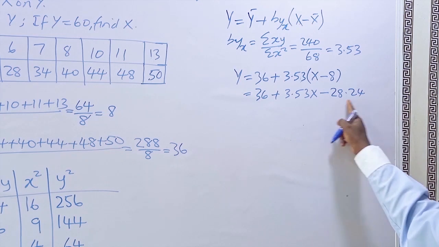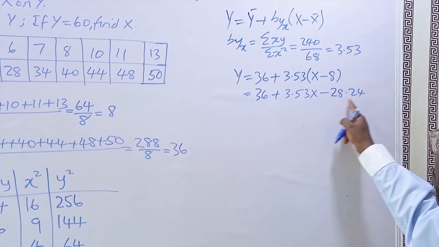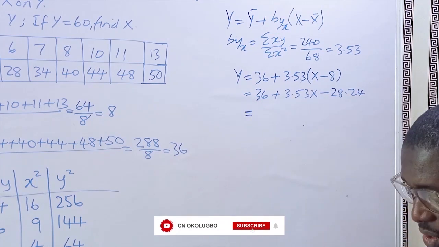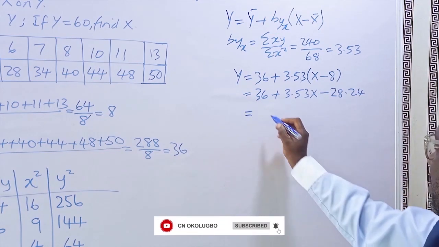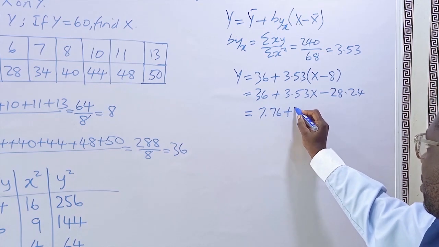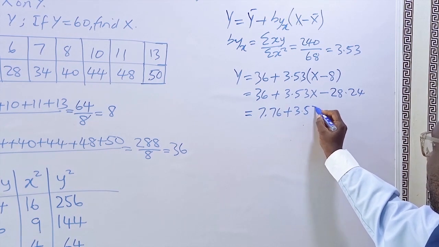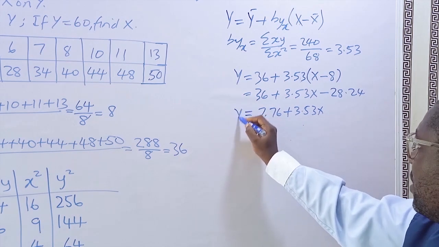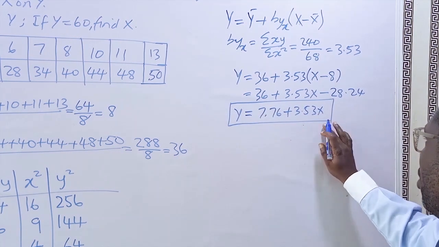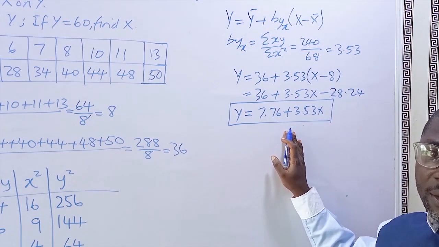So bring this minus 28.24 with 36. What are we going to have? We are going to have 7.76 plus 3.53x. So this is our regression equation of y based on x.